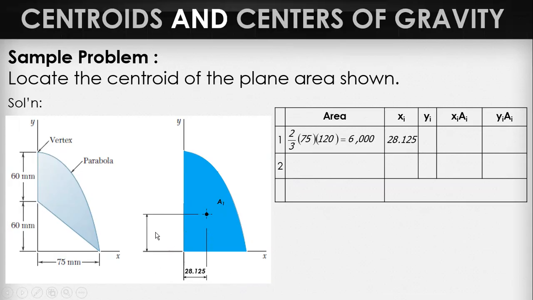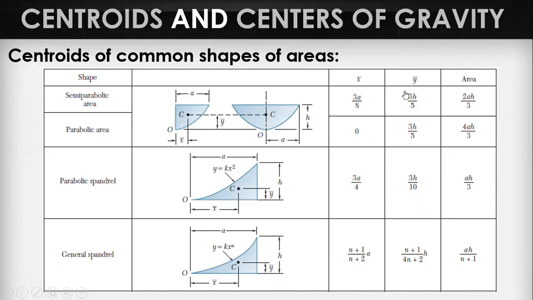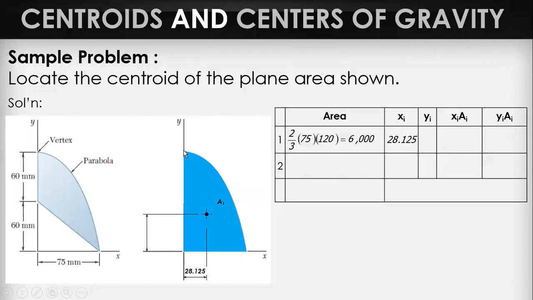In the table, our y1 is this one. 3/5 of h. So how much is 3/5 of 120? 72, right? 0.6 of 120, 72. Therefore, our y1 is 120 minus 72. And that is 48.